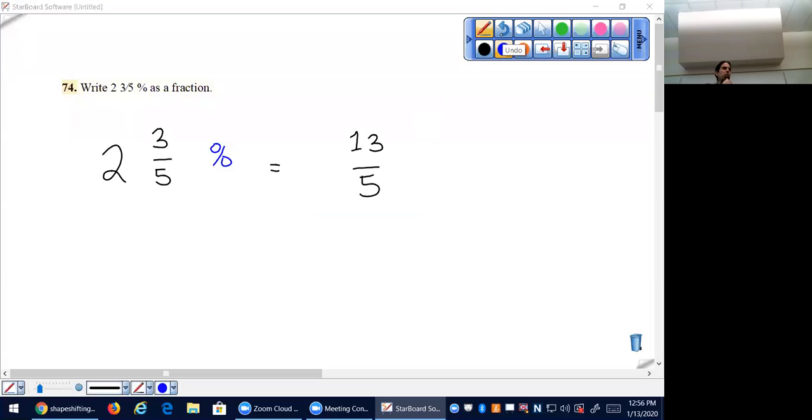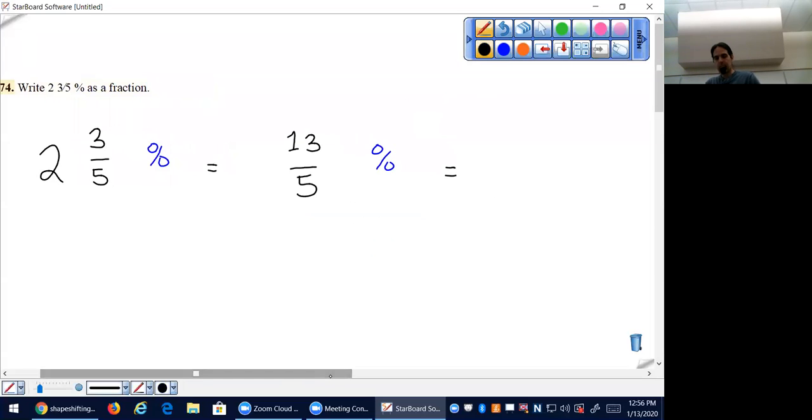So what should I replace my percent symbol with if the thing inside the percent is a fraction or a mixed number? Turn it into a decimal. No, that would work, but it's the long roundabout route. Which of the 4 things do I want to replace my blue percent with?